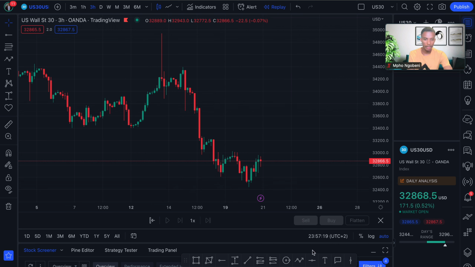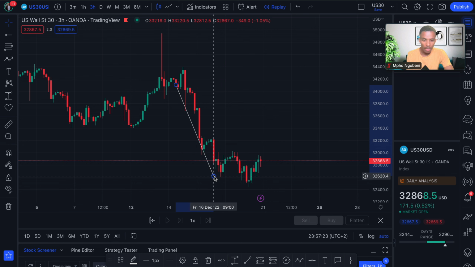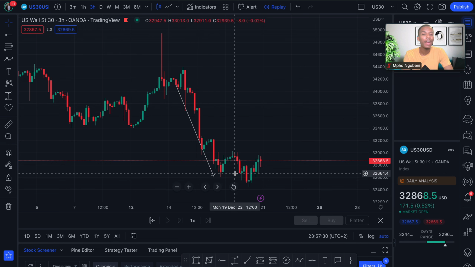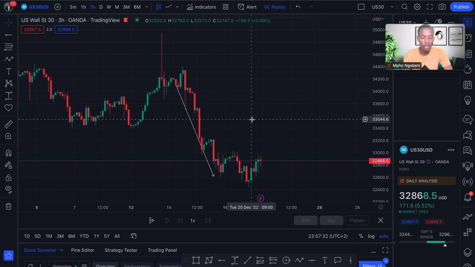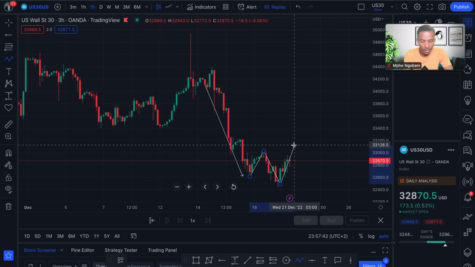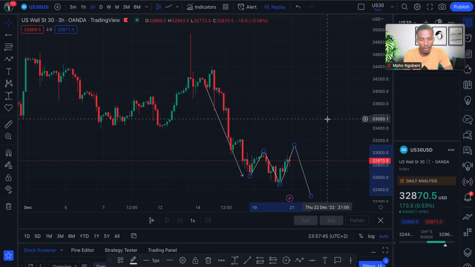So we're coming from the downside, and the 19th created a high. We said if we're coming from the downside, we're going to have an M like this. So we're expecting something like this. We're going to be testing the high, so let me put it there, and then we're going to come down.